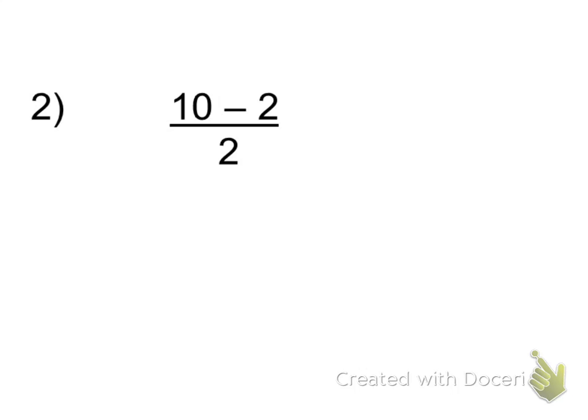This is one of those, remember, even though you think division should come before subtraction, you have to take care of the whole top and the whole bottom before you can do that dividing. So what should we do on this one? 10 minus 2, good. Some people like to put an extra bracket or parentheses up there just to show you, hey, we've got to do this first. But yes, that is going to give us what on the top?